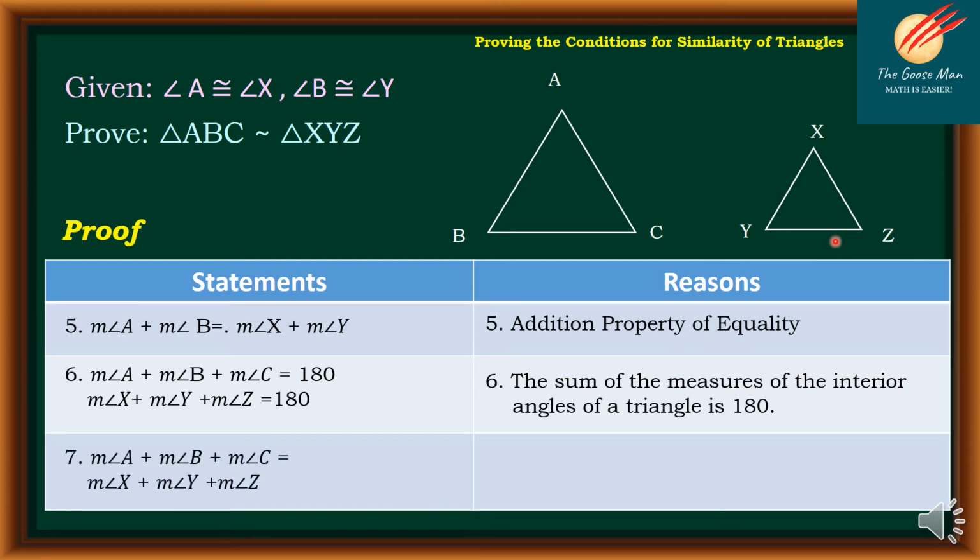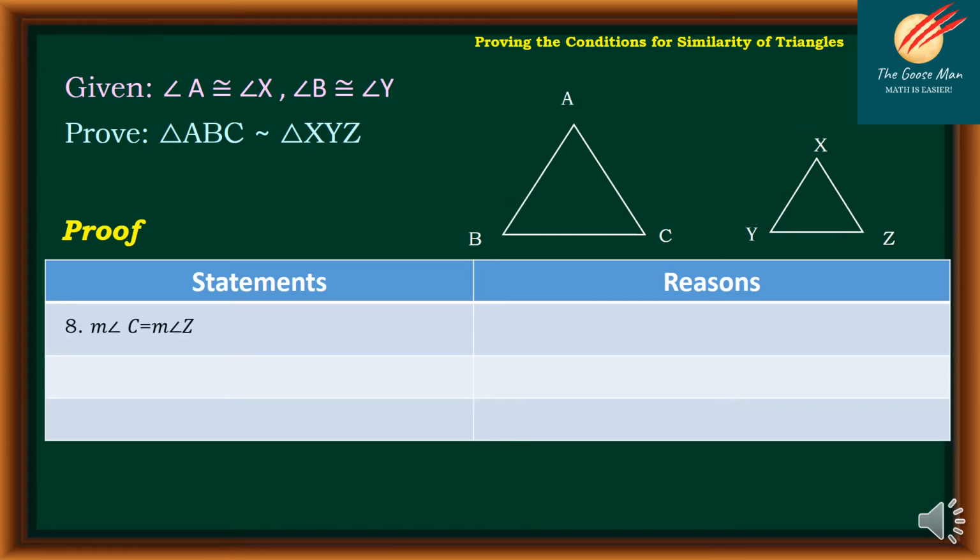For number 7, the measure of angle A plus the measure of angle B plus the measure of angle C is equal to the measure of angle X plus the measure of angle Y plus the measure of angle Z, because we use the transitive property of equality. Moving on, for statement number 8, we have the measure of angle C is equal to the measure of angle Z because we use the subtraction property of equality.